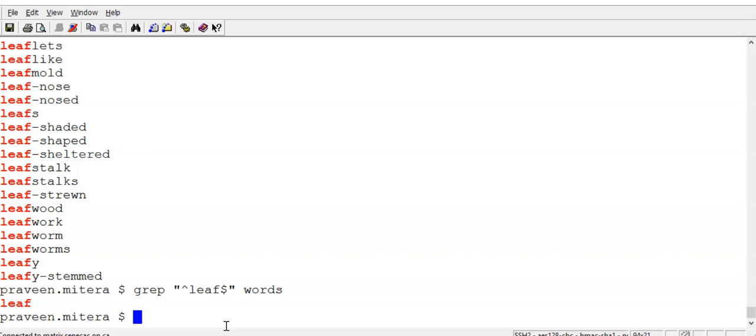And that brings you to another interesting concept. What if I did this? What am I saying now? I'm saying look for start of line immediately followed by end of line and nothing in between. So really what it's going to find is the empty lines, if there are any empty lines in that file.